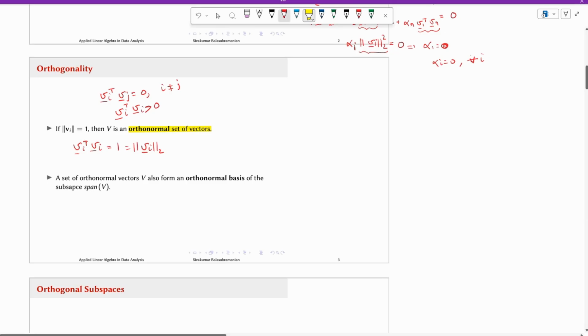Let's go back to our previous example. Is this an orthogonal set of vectors? Yes, we just saw that earlier. Is this an orthonormal set?